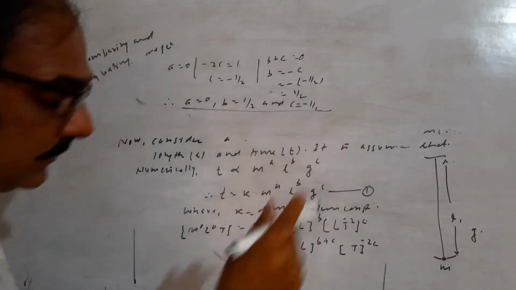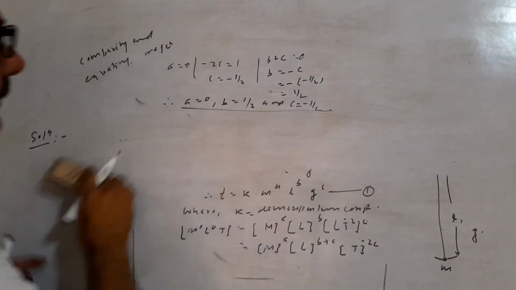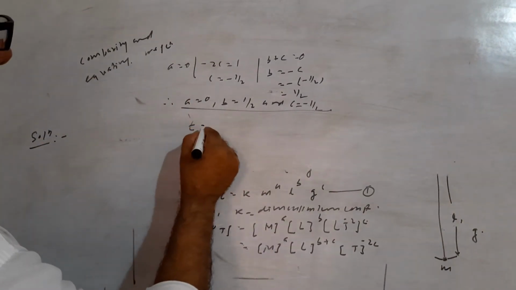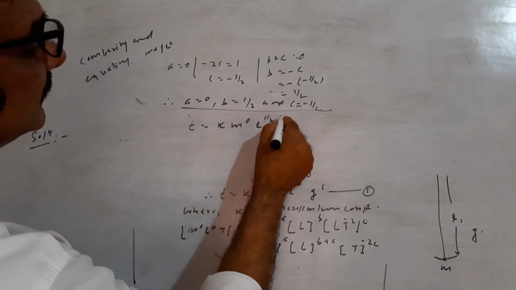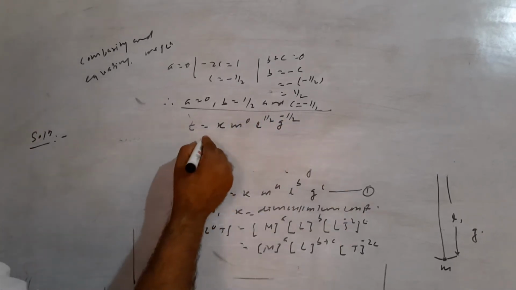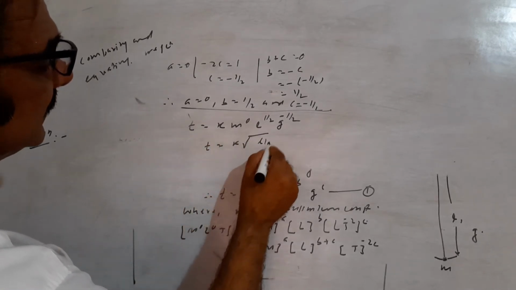Substituting all these values in equation 1, we get t is equal to k, m^0, l^(1/2), g^(-1/2), and finally t equal to k root under l by g.